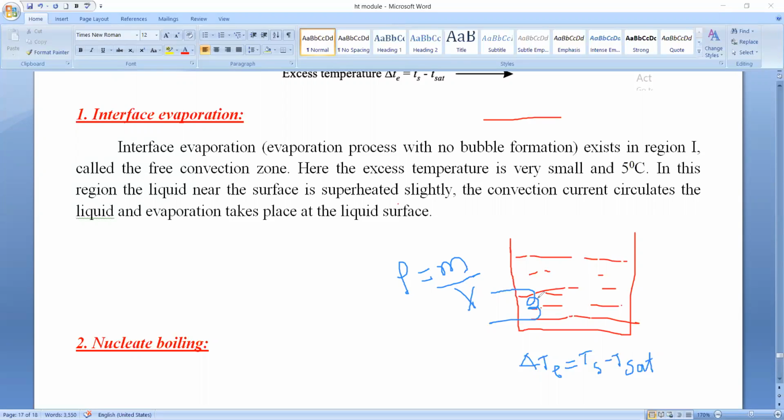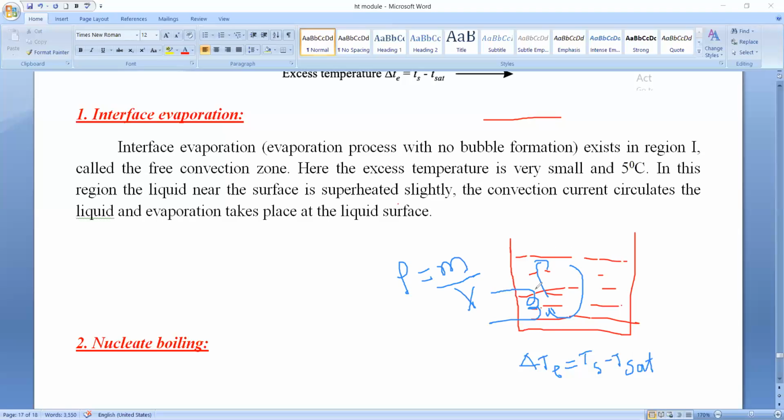So the portion of liquid nearer to the heater has lower density, and the portion of liquid on the top surface, beyond the heater, has more density. Due to the density difference between the bottom layer and the top layer, there is a circulation of fluid. This portion of fluid will go up, and the liquid on the top surface comes down. This is called natural circulation or free convection.